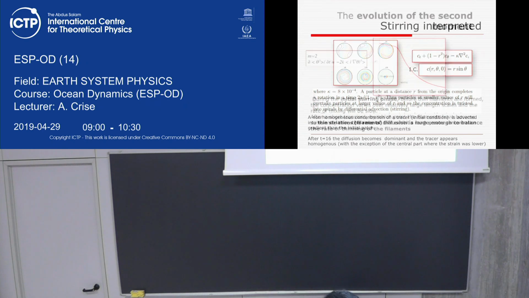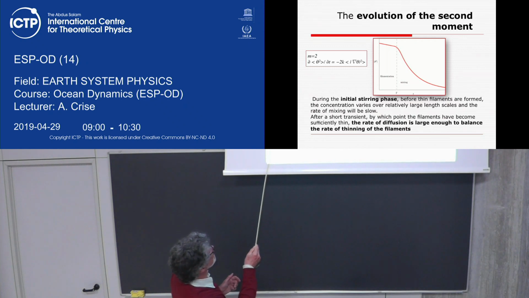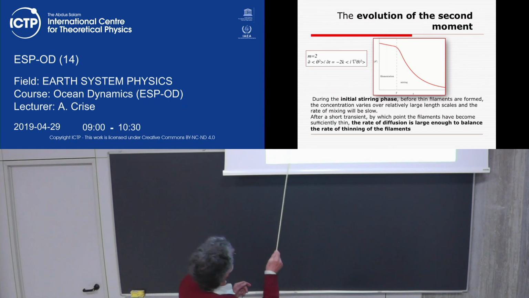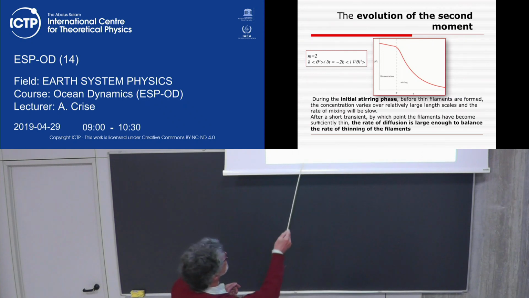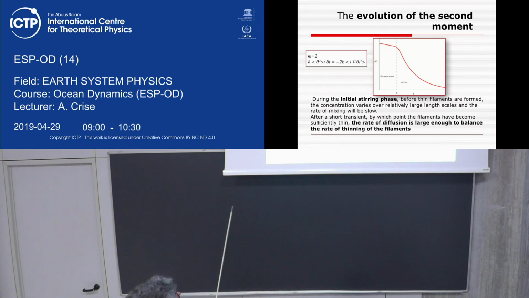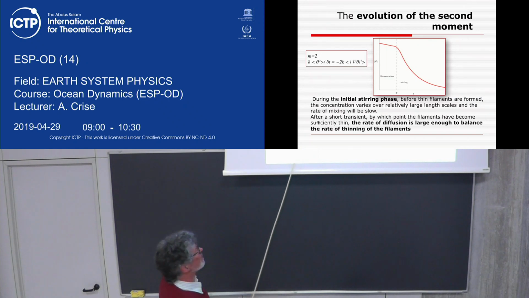And how can we interpret it? We can look at the second order, so the variance, let's say, of our tracer field. And this, as I told you, is the second moment, calculated by using the method of moments, for the second moment, of the square of the gradients.